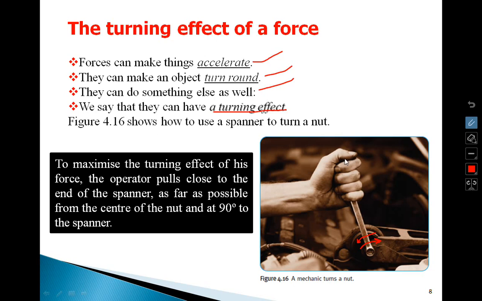The operator pulls close to the end of the spanner, as far as possible from the center of the nut. He is trying to close or open it.